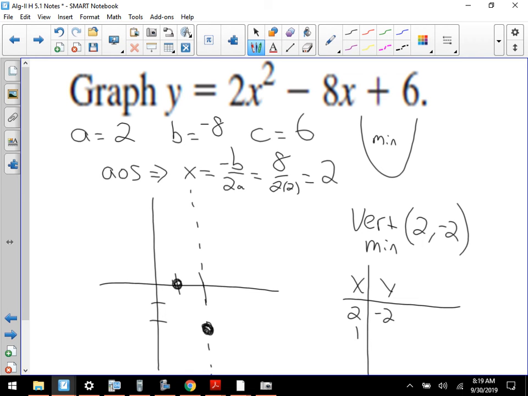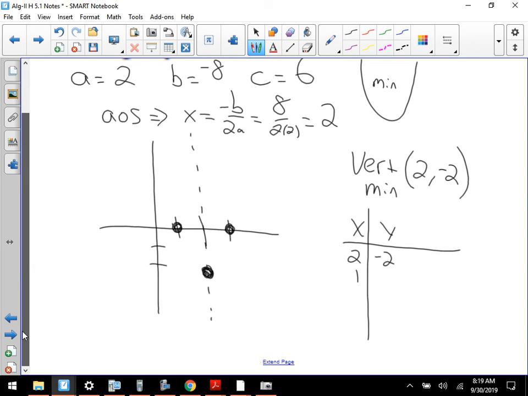At 3, remember, your ordered pairs are always symmetrical about that x equals line. Since 1 is 1 away from 2, 3 is also 1 away from 2, so this has to be the symmetric twin.